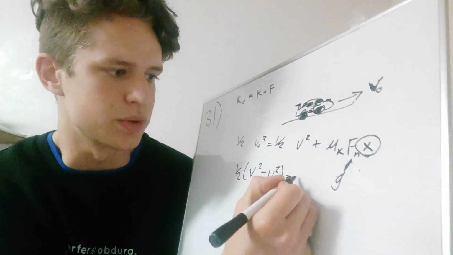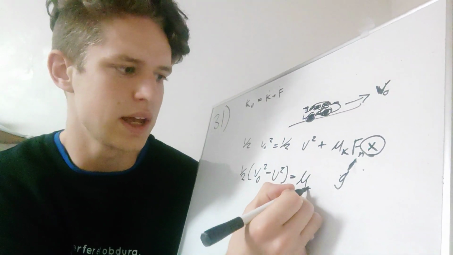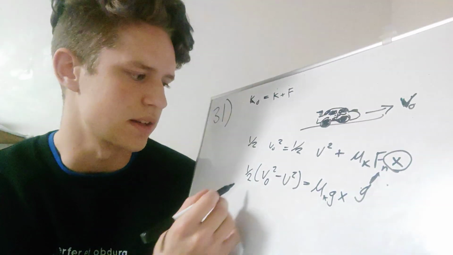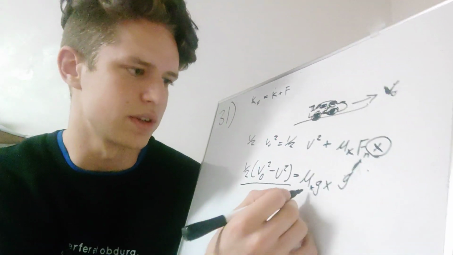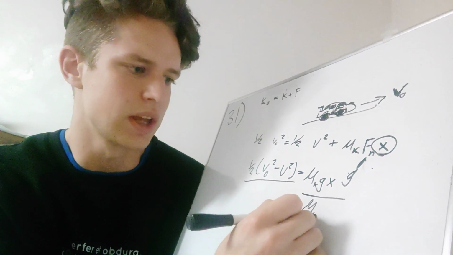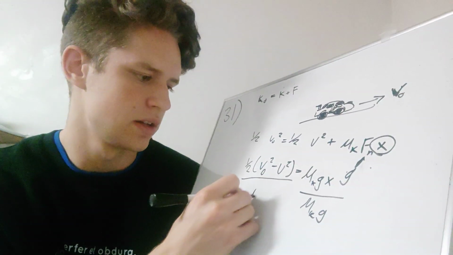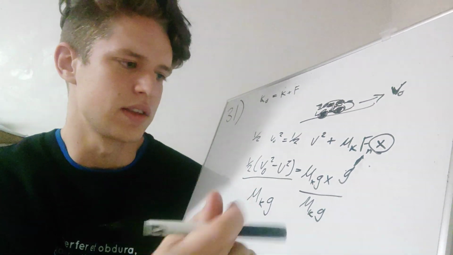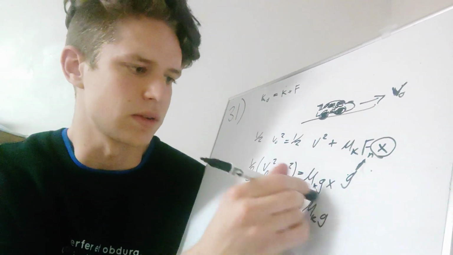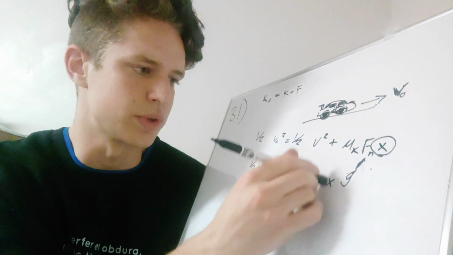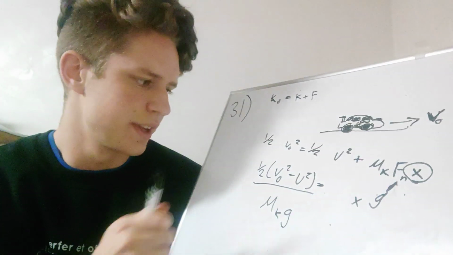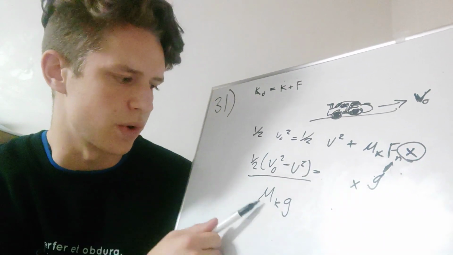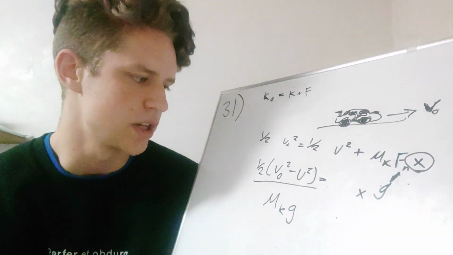And then that's going to be equal to mu sub k times gravity times x, and then you just divide everything by mu k times gravity, and these will all cancel out, and you'll be left with x is equal to 1/2 times v0 squared minus v squared over mu sub k times g.